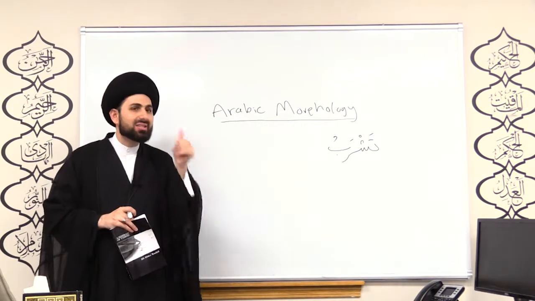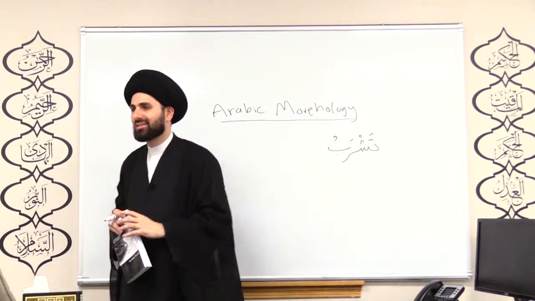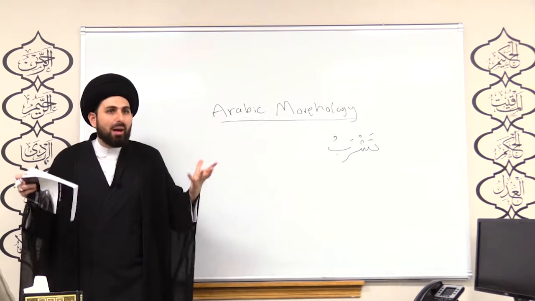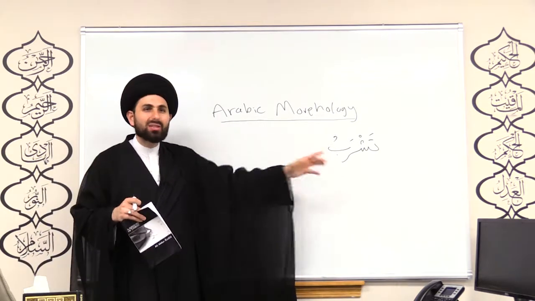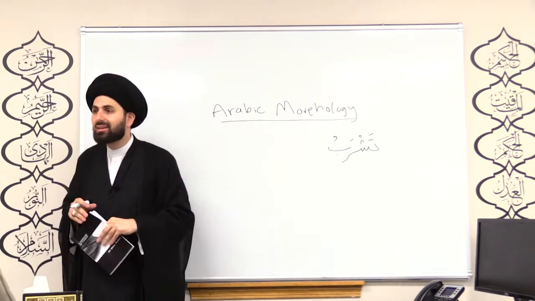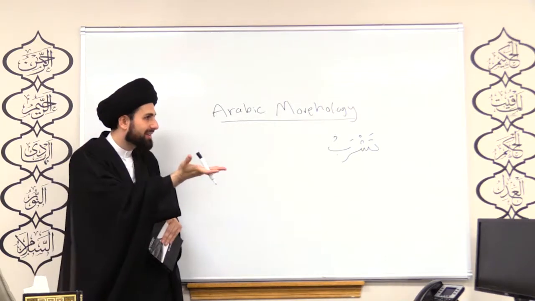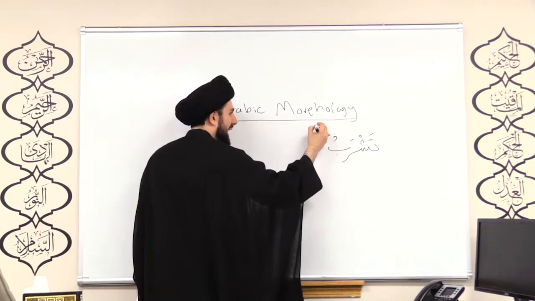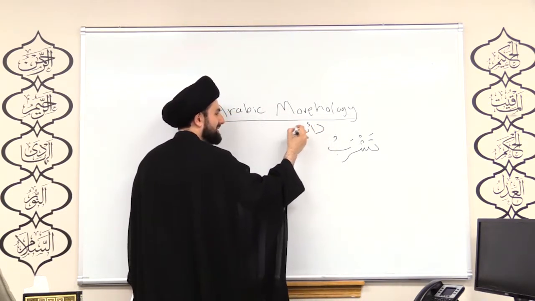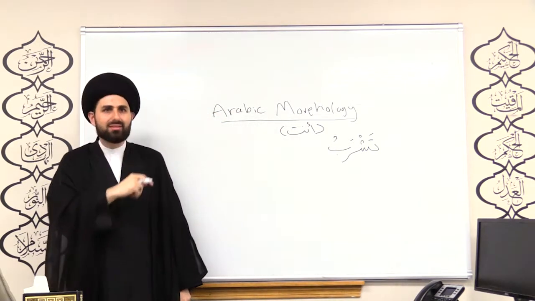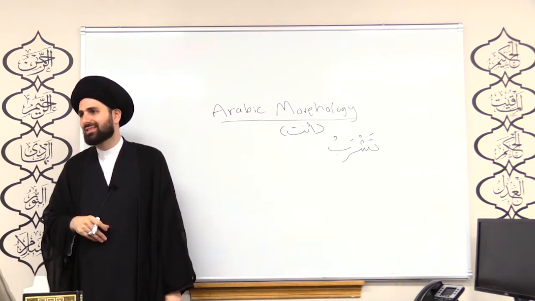This ta here is the sign of second person. So if you want to assume the pronoun, the dhamir here, what's the assumed pronoun here? No, who is third person? You. What's you in Arabic? Anta. So the assumed pronoun here is anta. Tashrabu anta. It's assumed.